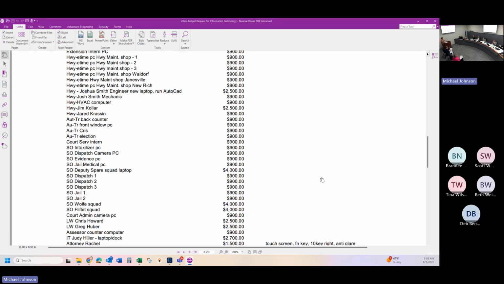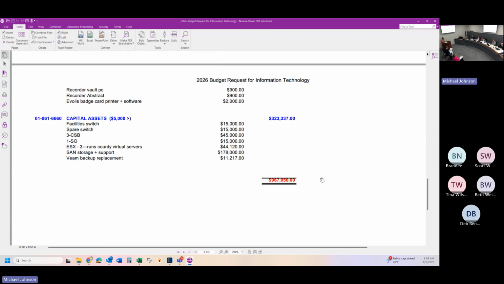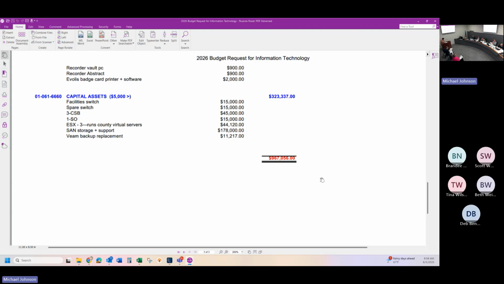How's this computer doing? Yep, it's been 5 years, it's been 6. Or if they're complaining, you know, hey, mine's really slow, that type of thing. So I'll put it in that list. So that's basically what the 6480 is, all of the hardware replacements for the year.